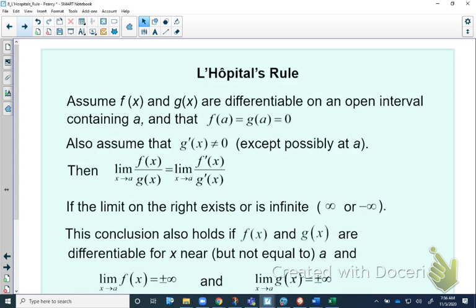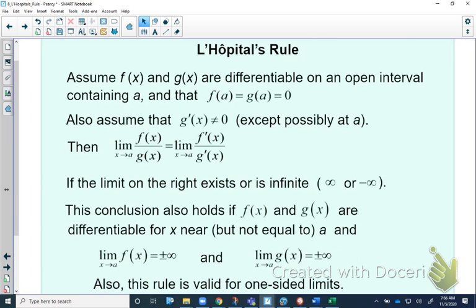Here's a little bit more detailed definition of what we're doing with L'Hopital's rule. Of course, I hate this word assume, but we're going to have two functions, one in the numerator and one in the denominator, that should be differentiable over an open interval. And this right here in the middle is really what we need to be able to understand.